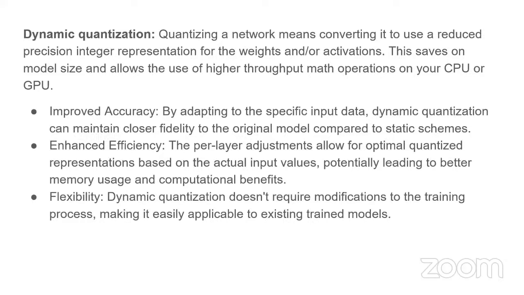By adjusting quantization per layer based on the actual input values, it can improve memory usage and computational speed. Then there is flexibility. Dynamic quantization can be applied to any trained model without modifying the training process, making it highly adaptable.